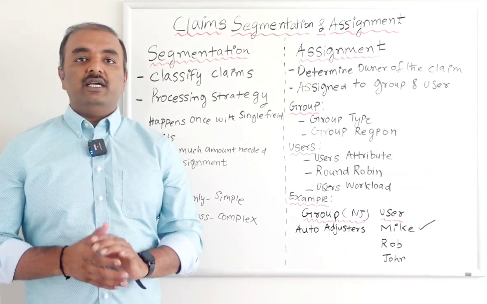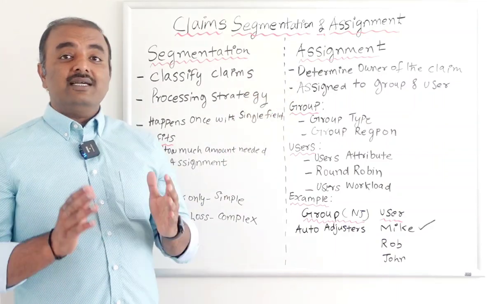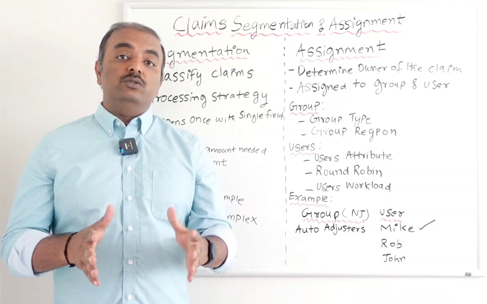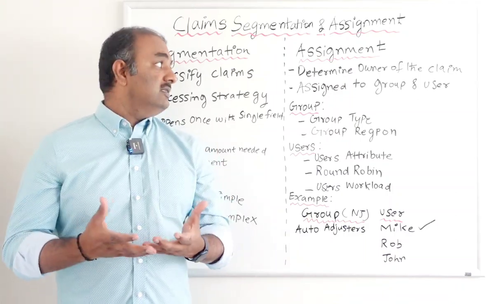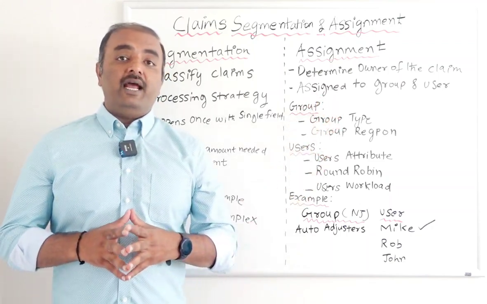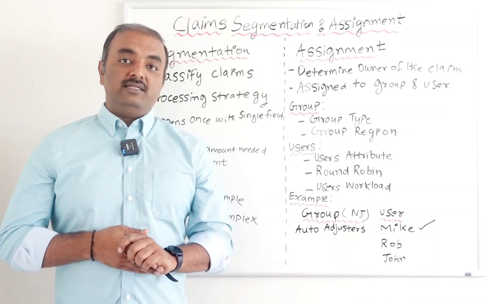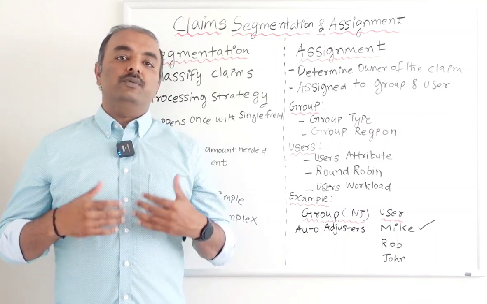Now once you segment the claim, the third process is assignment. So what is assignment? You determine the owner of the claim, who is going to work on the claim to make the required processing or required payments. A claim can be assigned to a group and then to a user. When I say group, say you have a claim for personal auto.